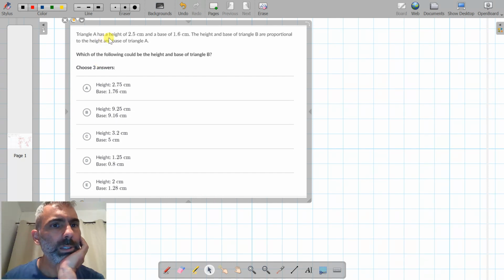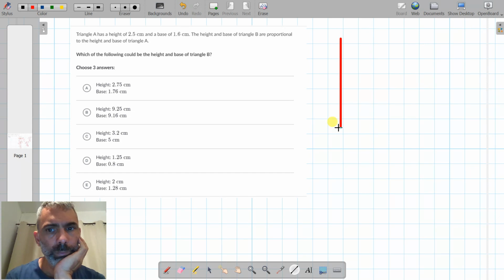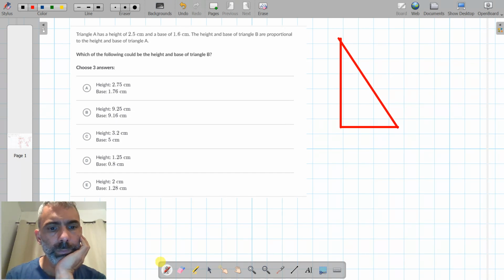Triangle A has a height of 2.5 centimeters and a base of 1.6 centimeters. So this is 2.5 and this is 1.6.